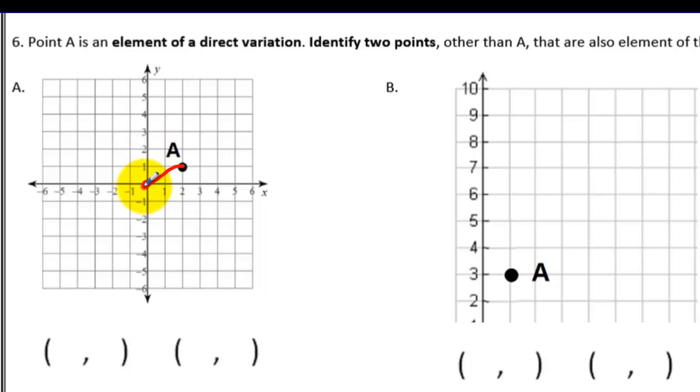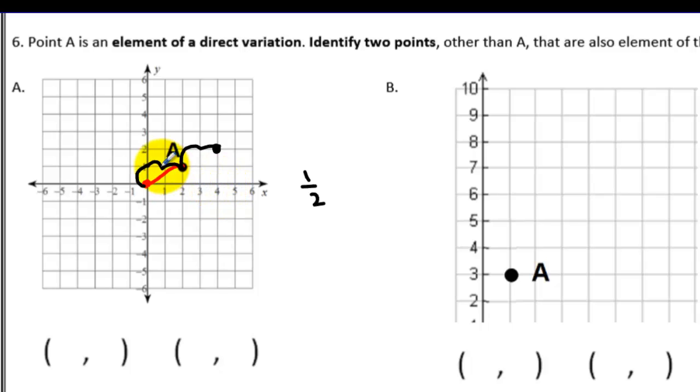I'll just go up. Okay, that's 1, and then to the right, that's 2, so the slope is 1/2. If we use the same procedure, we go up again and run to the right twice.